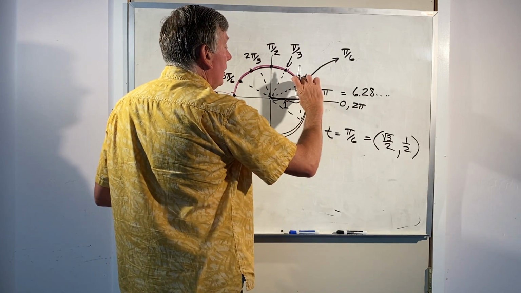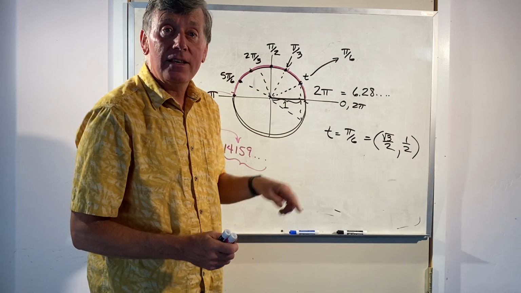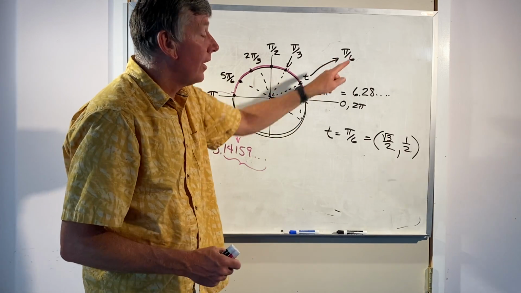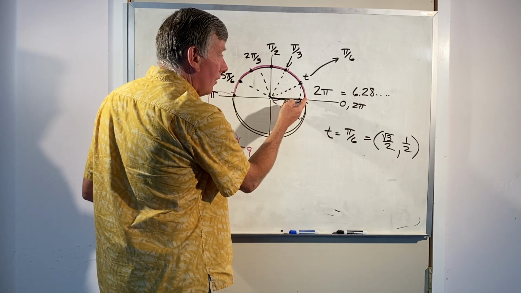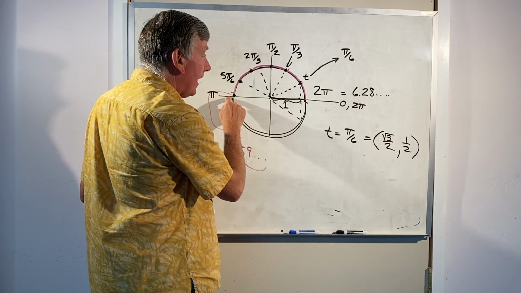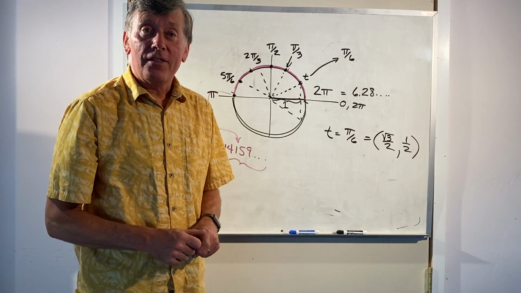That's my x and y value for this point t equal to pi over 6. Pi over 6 again is 1/6 of the way to pi, and that's what it is.